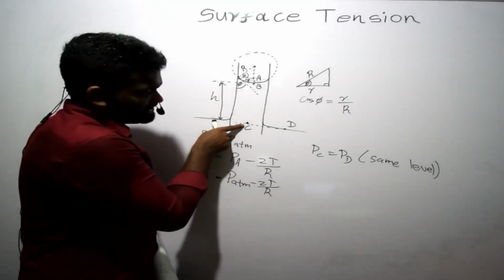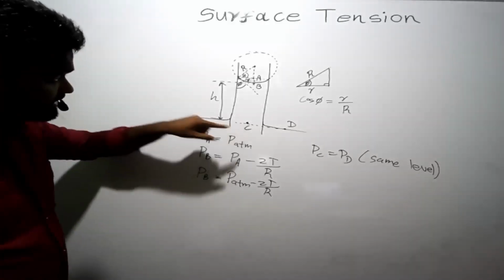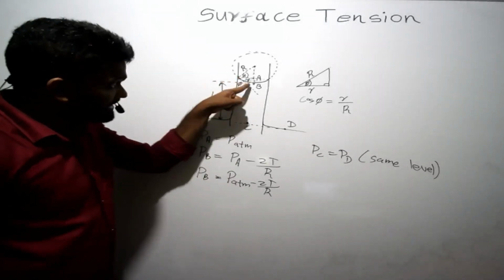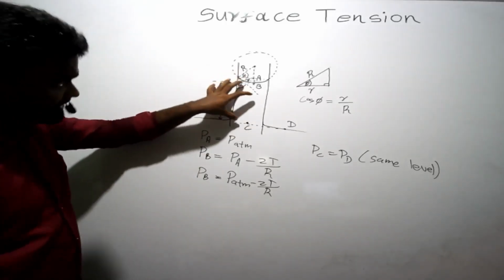So how do we write PC? You already have an expression for PB. PB plus H rho G. As it goes down, pressure increases, right?